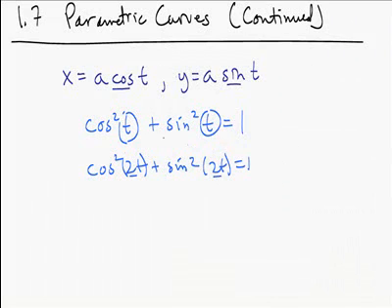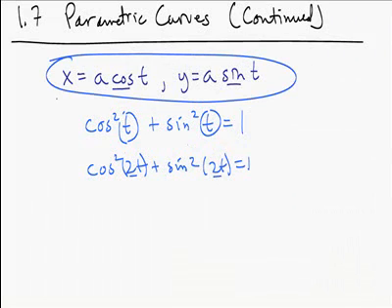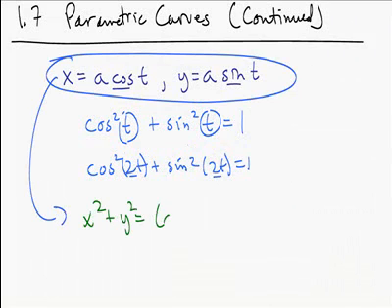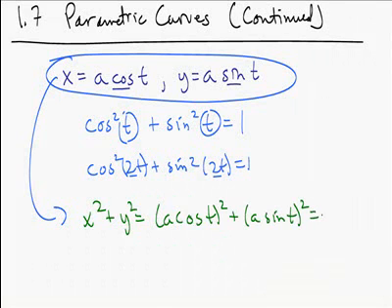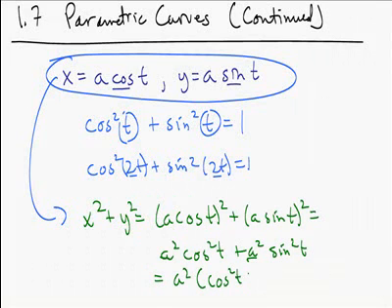Well, what's true about this situation here? If we let x be a cosine t and y be a sine t, then you can see that x squared plus y squared is a cosine t, that quantity squared, plus a sine t, that quantity squared. Well, what is that equal to? It's equal to a squared times cosine squared t plus a squared times sine squared t. If I factor an a squared out of both terms, we get a squared times a quantity of cosine squared t plus sine squared t, and that, of course, can be replaced by 1, and so we just have a squared.